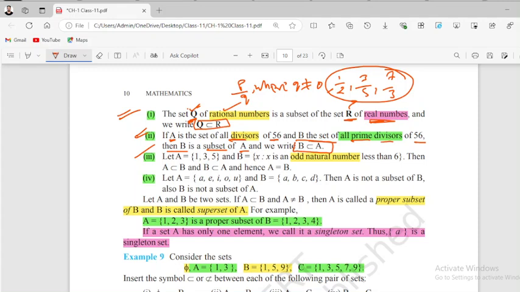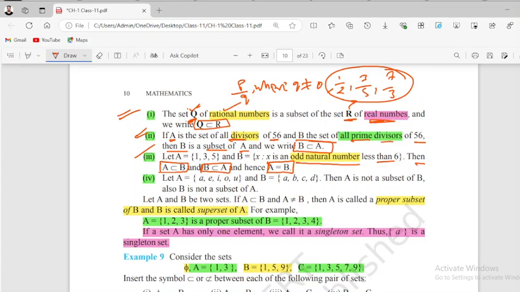Let A be equal to {1, 3, 5}, and set B is also given in set-builder form: x such that x is an odd natural number less than 6. Then A is a subset of B and B is a subset of A. From these two things, we can say that set A and set B are equal sets.